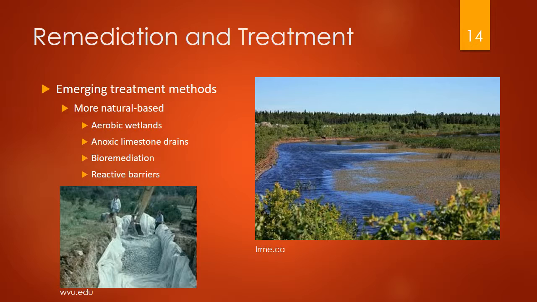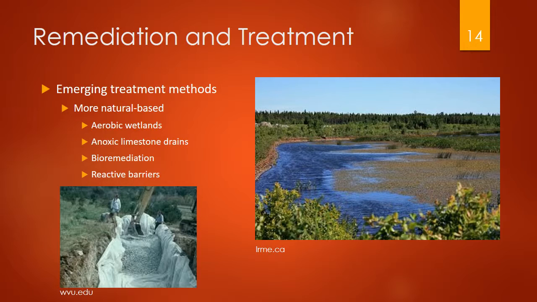So some of the more emerging treatment methods, they're trying to focus on a more natural based and passive method that isn't quite as expensive. The most popular one right now is aerobic wetlands. So wetlands tend to have a pretty basic pH already.